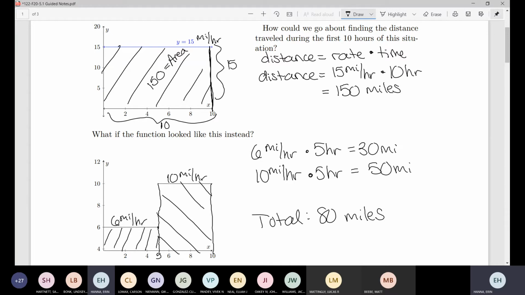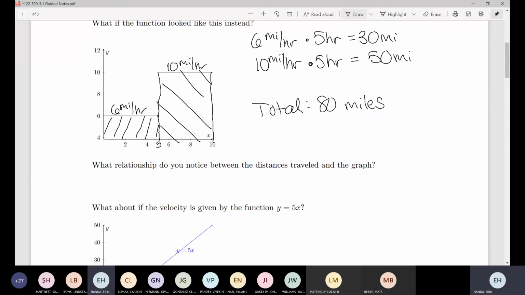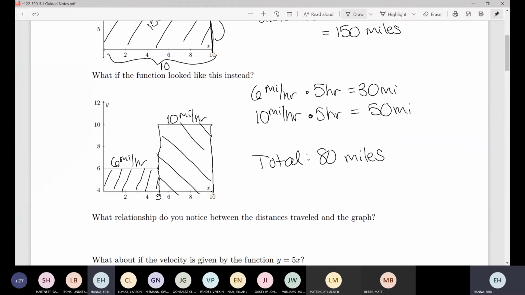So what if instead of these constant velocities, what if we said that we were... forgot to turn the pen off. Sorry, I forgot I put this little question here. So what relationship do you notice between the distance traveled and the graph?